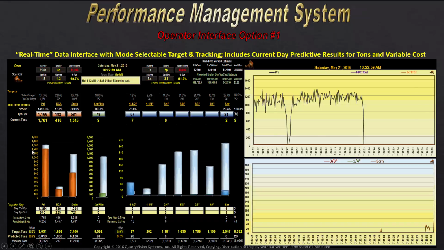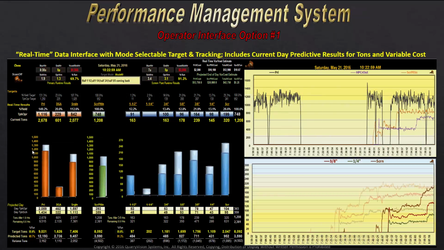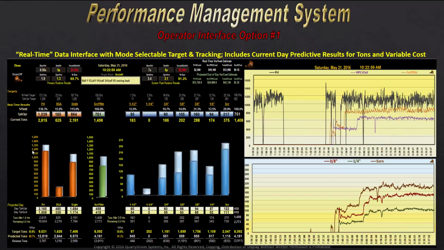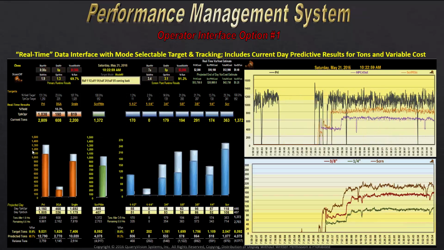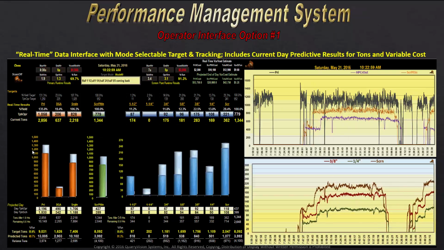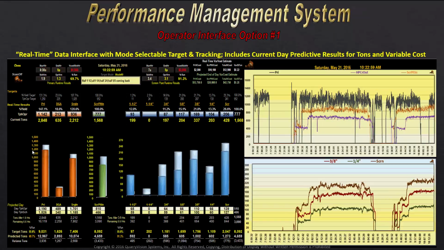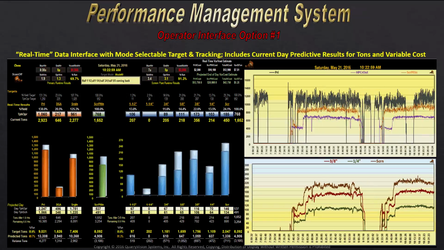Once the belt scales are in place, it becomes possible to evaluate in real time at 5, 10, 15 second intervals the variability that is occurring in the process, as well as the yield and the rate.